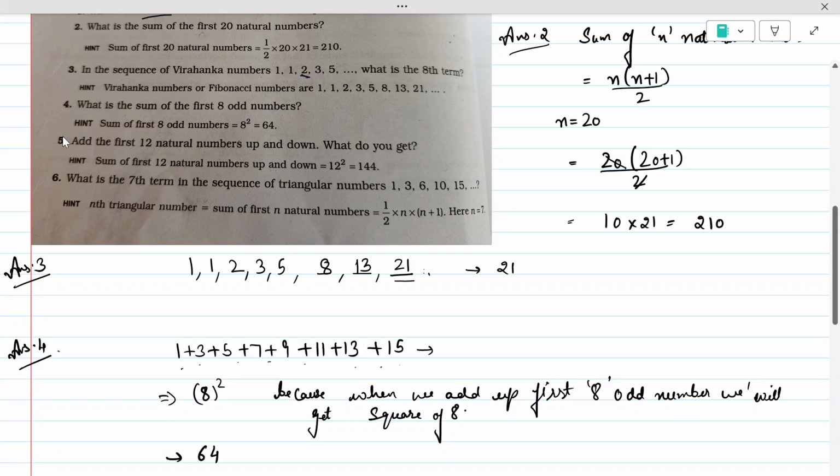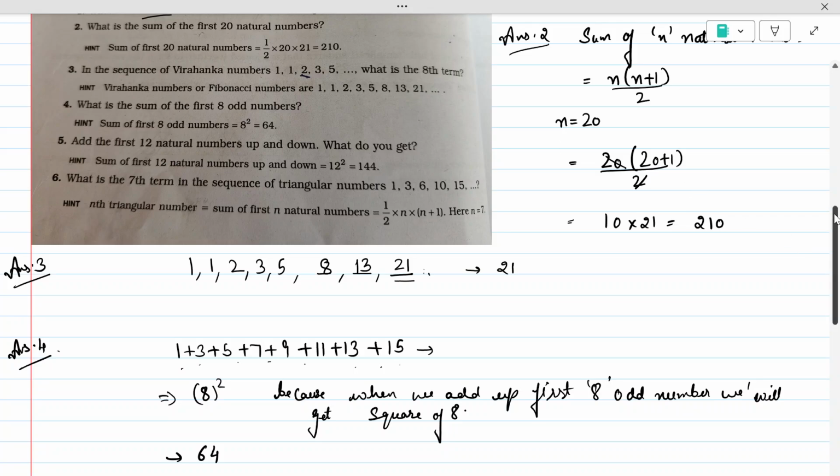It is already given here. I'm explaining here that if we add up the natural numbers up and down, which we have done in the relationship of sequences, we will get a sequence of squares. That's why we are doing the square of 12. And the square of 12 is 12 multiplied by 12, which is 144.